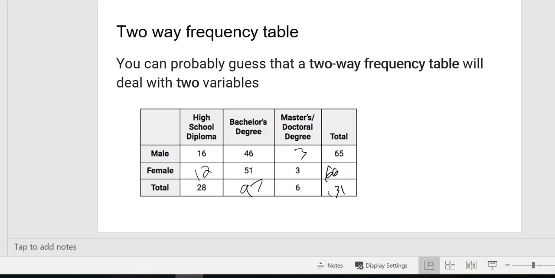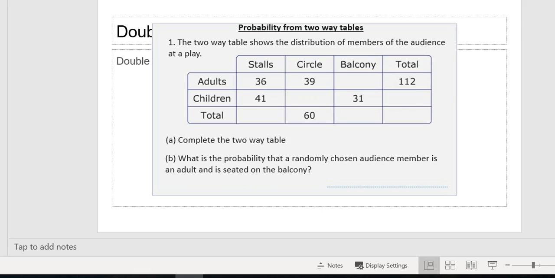So I'm just figuring out all these numbers for you. Same thing here. 1, 2 minus 39 minus 36, and that's a 31. 36 plus 41. 16 minus 39. And 41 plus 21 plus 31 plus 1, 1, 2.